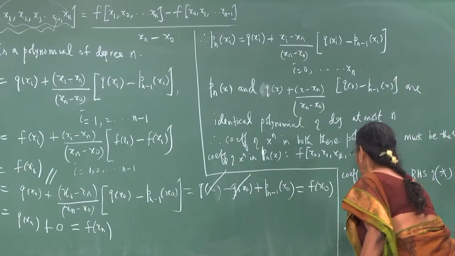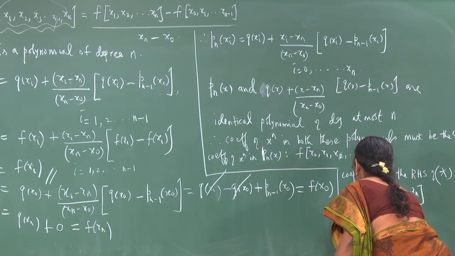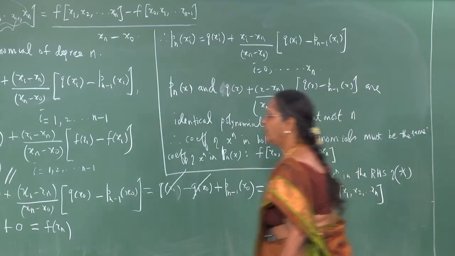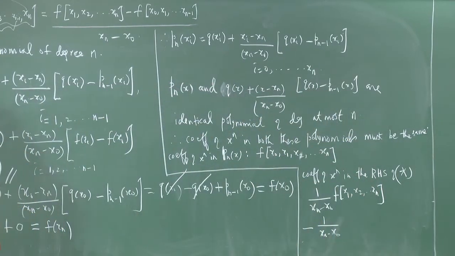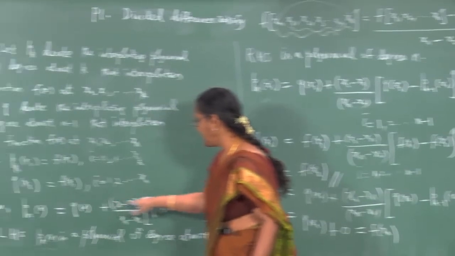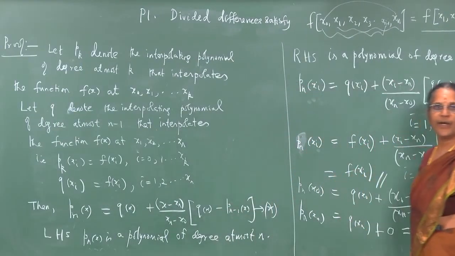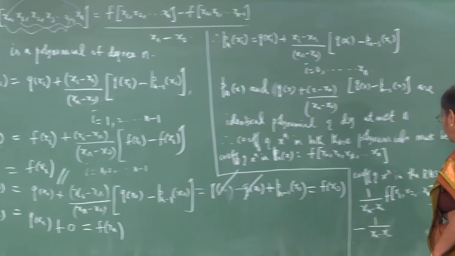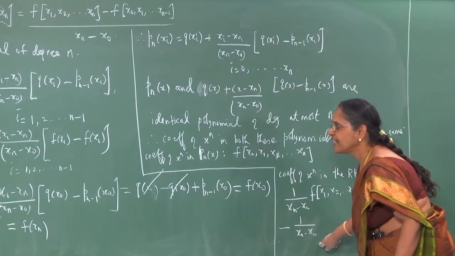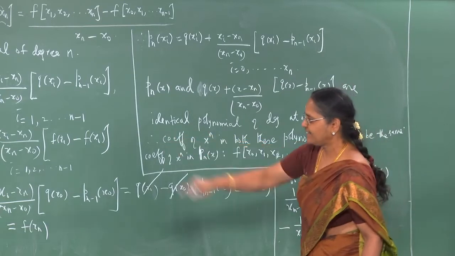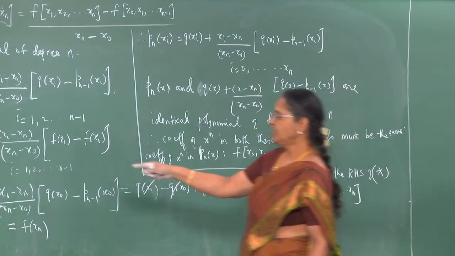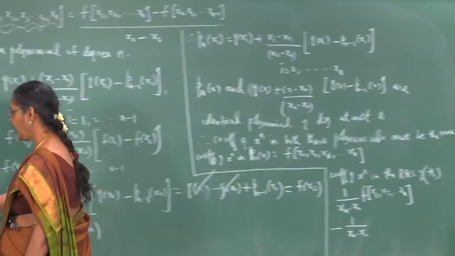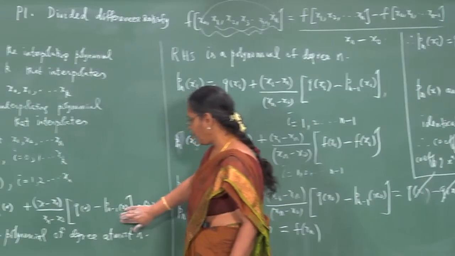What about the second term? There again Pn minus 1 is a polynomial of degree n minus 1. That multiplies the factor x minus xn, giving you a polynomial of degree n whose coefficient is going to be 1 by xn minus x naught, which is the coefficient of x there, into the coefficient of x to the power of n minus 1 in Pn minus 1.